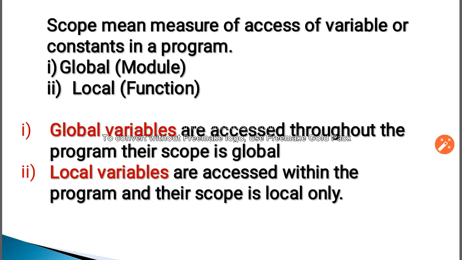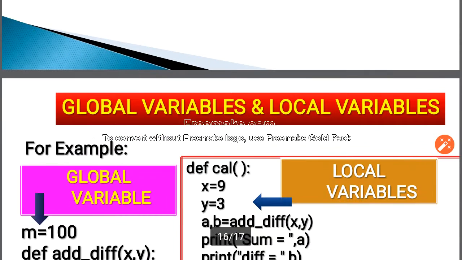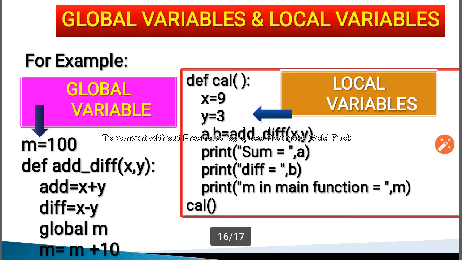We will understand global and local with a better example. Here you can see global variables. M = 100, def add_diff(x, y): add = x + y, diff = x - y, global M. Just see, with the help of a keyword called global, it is declared. Then M = M + 10.